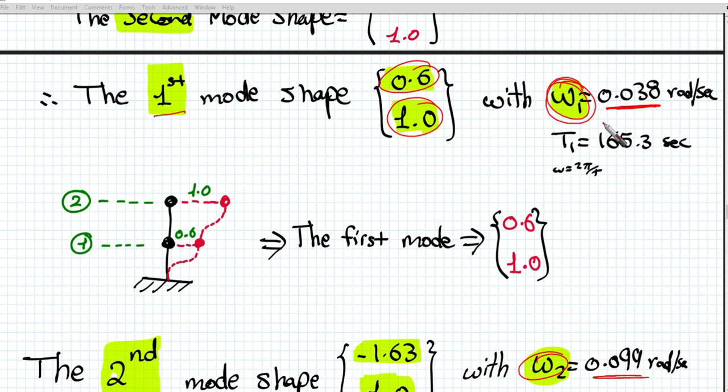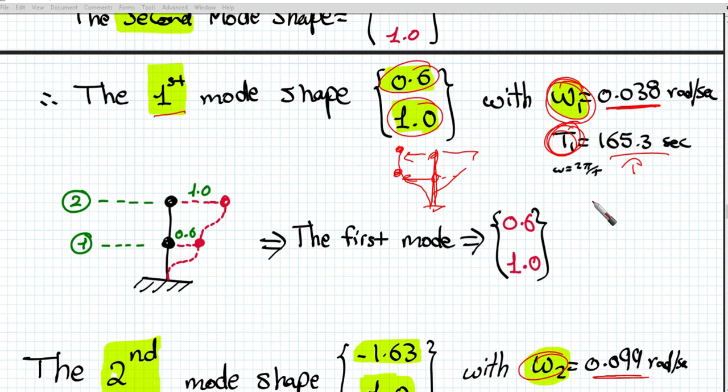And the corresponding T1, the natural period, is the time taken for this mode shape to go in this direction, go back to the neutral position, and then go to the opposite direction.